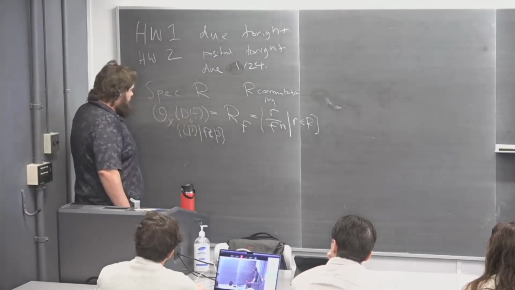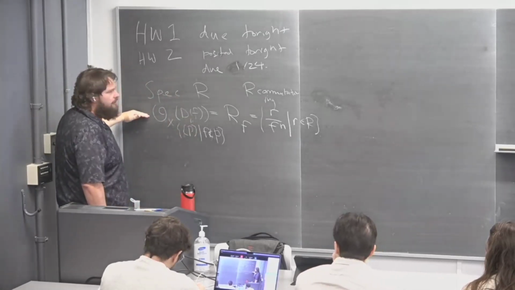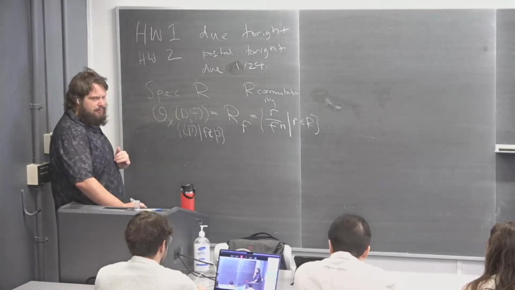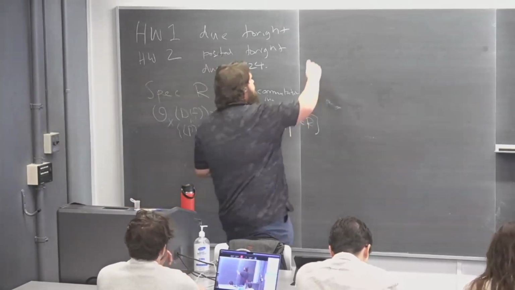So now there are some things we need to check to make sure that this is a well-defined thing. What do I mean when I write this? I want a sheaf.